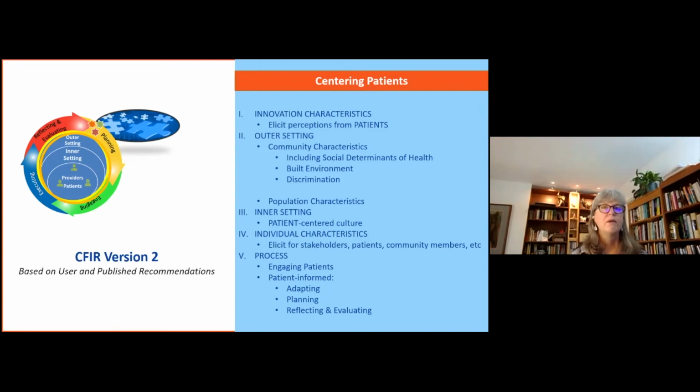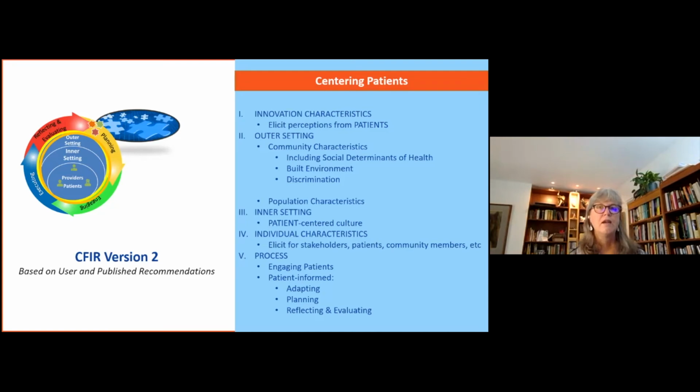The people who are involved in implementation. And more research teams and implementation teams are really seeing and understanding the importance of involving patients in implementation. So patients can play that role in implementation.